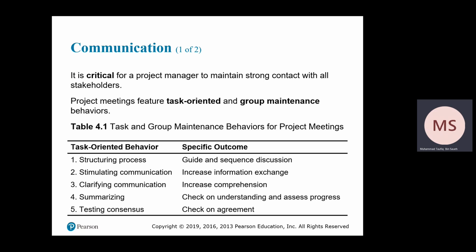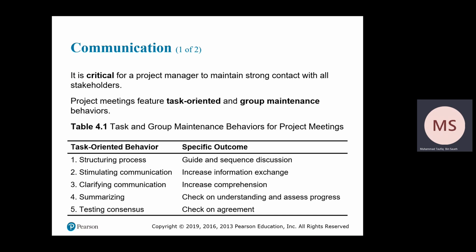Why? Because in a project we have lots of people from various functions. We have HR, we have sales, we have the technical, we have the logistics people, we have the finance people, we have legal people.